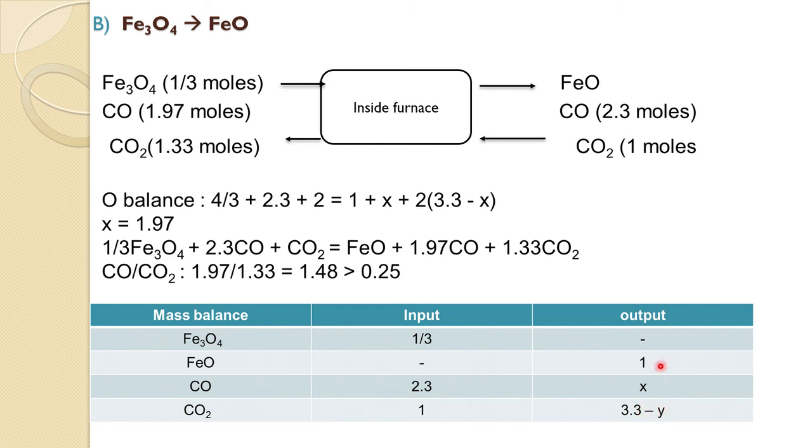If we do the oxygen balance for Fe3O4, 2.3 into 2.3 is oxygen plus 2 equals 1 oxygen plus x plus 2 into 3.3 minus y. If we do this balance, we can get the value of x.